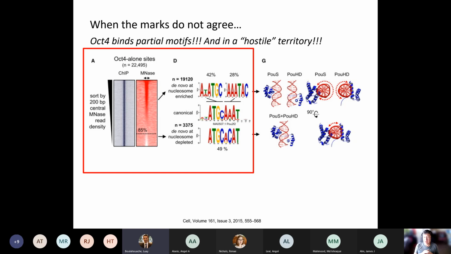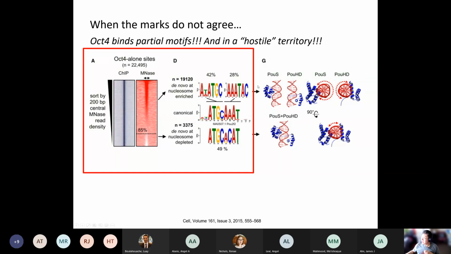Okay, gotcha. When they compare the two sequences to the classic sequence, you can see that the nucleosome depleted region is quite similar to the classic binding sequence. Only one nucleotide is different here, otherwise it's quite similar.